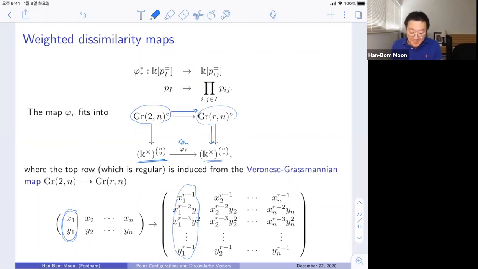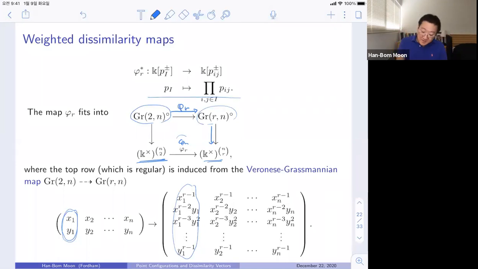This map is not well defined on G(2,n) to G(R,n) because of the zero condition. However, if we restrict it to G(2,n) circle, which means all of the Plücker coordinates are non-zero, then this map is a well-defined regular map. And indeed this map coincides with the map P_R described here.